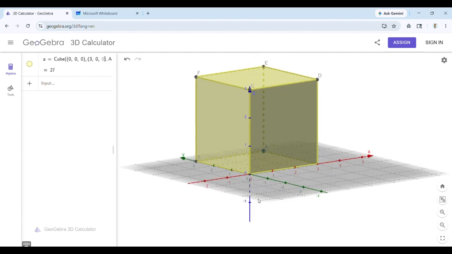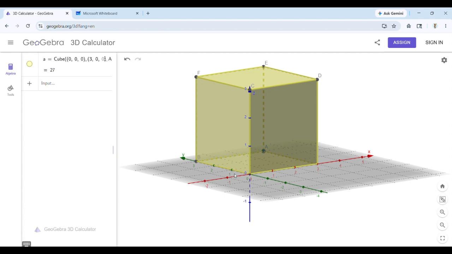Now look at how tall this cube grows along our blue height axis. Let's trace it upward together: 1, 2, 3. 3 units high. Because GeoGebra builds this perfectly, we can see that it takes 3 layers of those 9 base squares to fill this entire container.